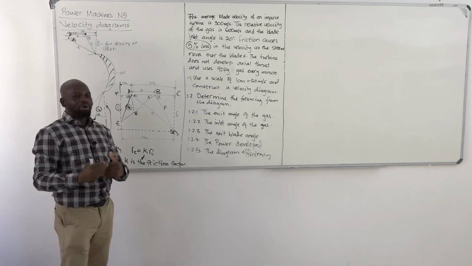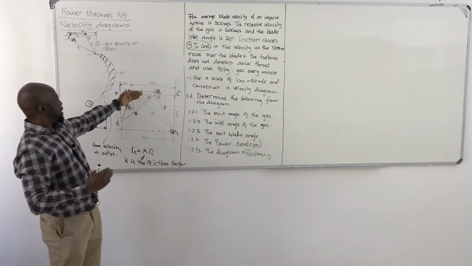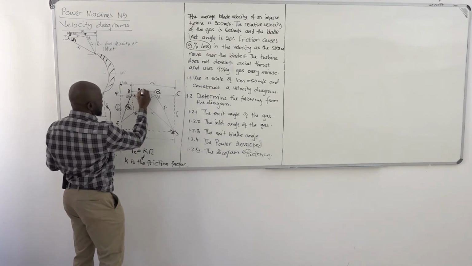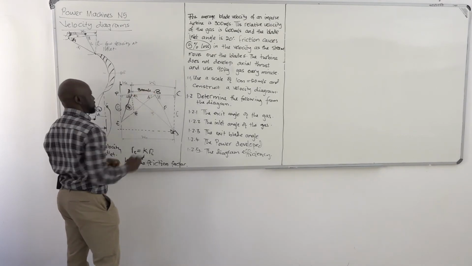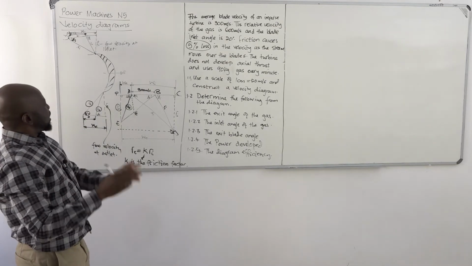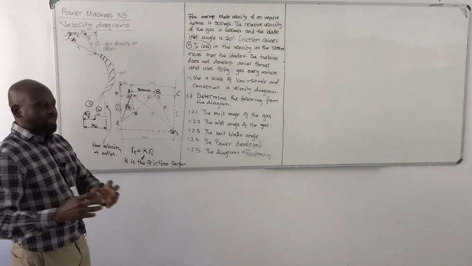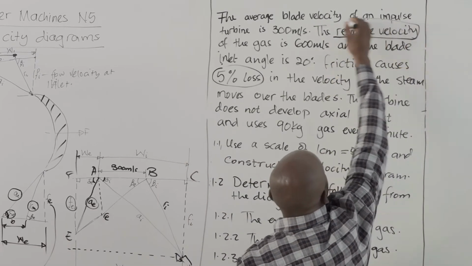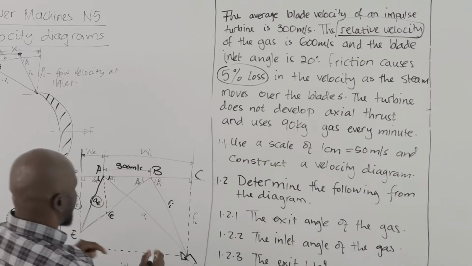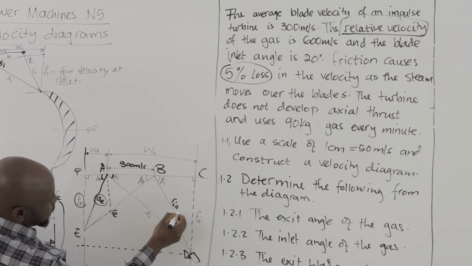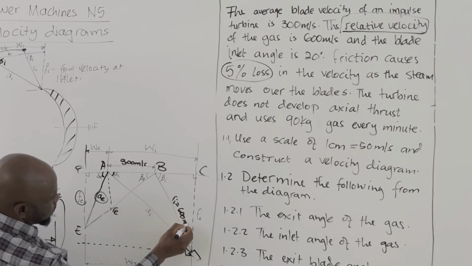What we mean by average blade speed is our B, so our blade speed B is 300 meters per second. I put my 300 meters per second there. They emphasize the relative velocity of the gas, so that now becomes our Ri, which is equal to 600 meters per second.